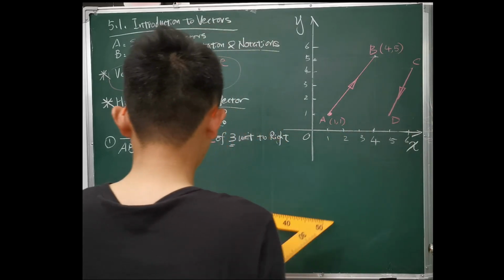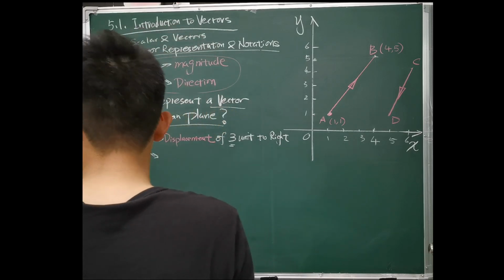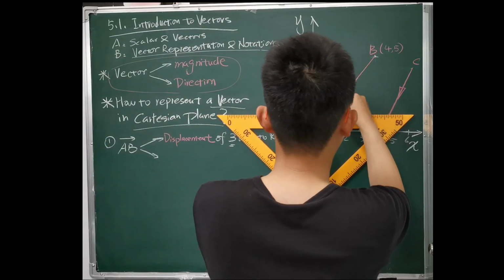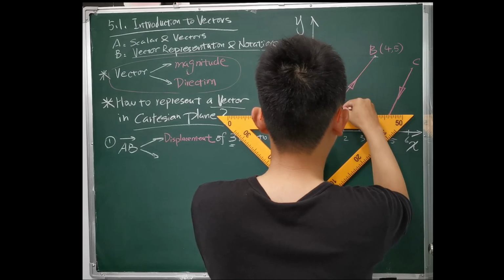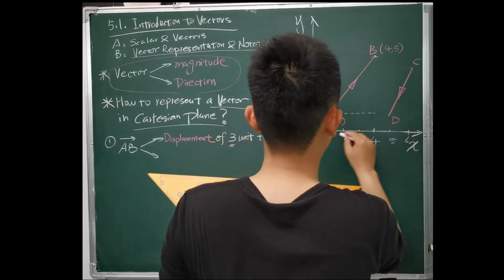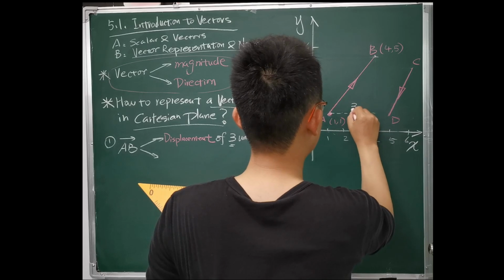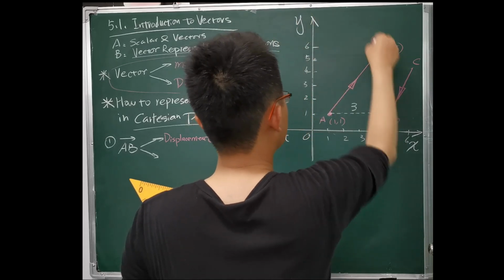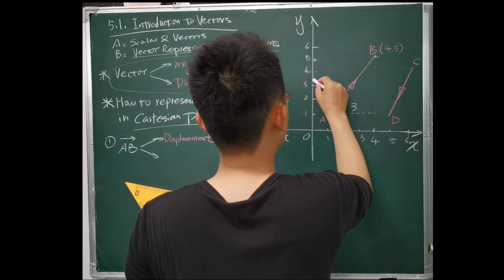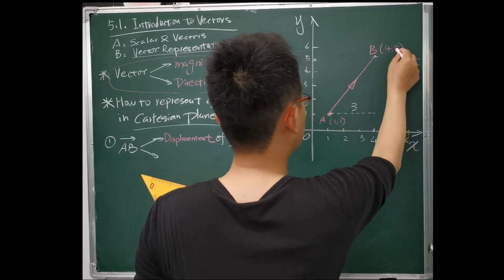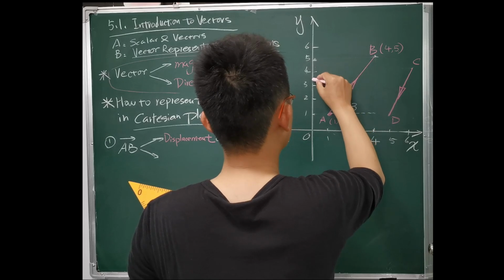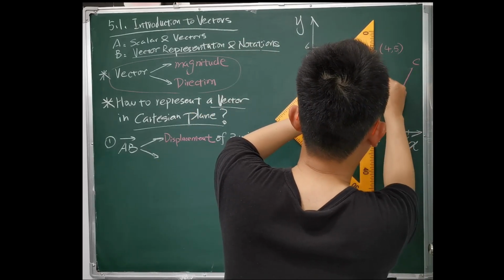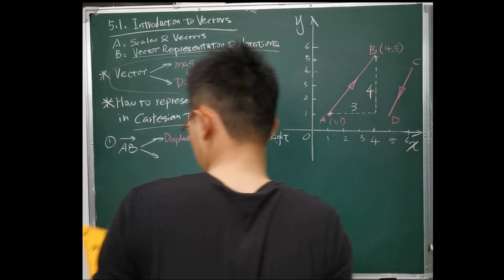So from here we can see we have 1, 2, 3 units, and then in the y-axis how many? 1, 2, 3, 4, right? So y minus 1 gives 4.